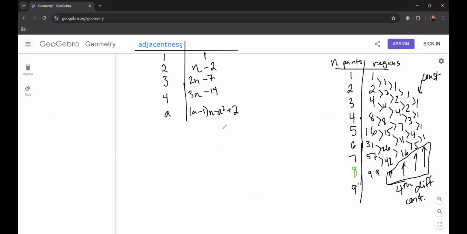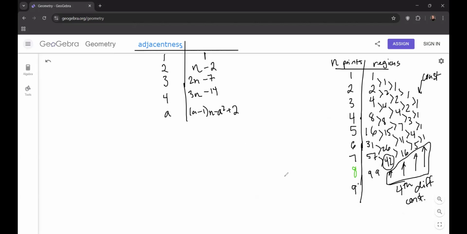So I want to convince myself that this fourth constant difference is going to be true. Basically what that means is that the amount that I'm adding to get to the next one needs to be cubic, because that is the same thing as having that fourth constant difference.